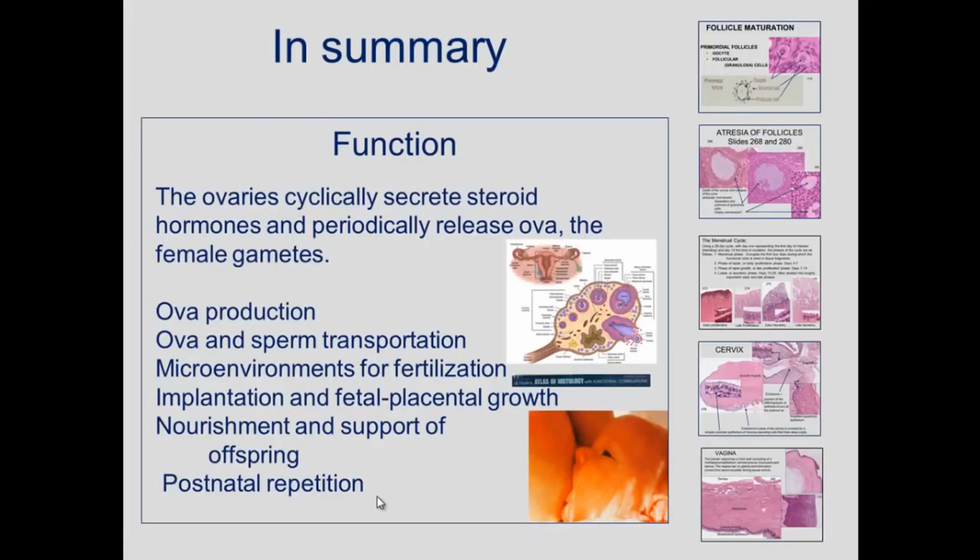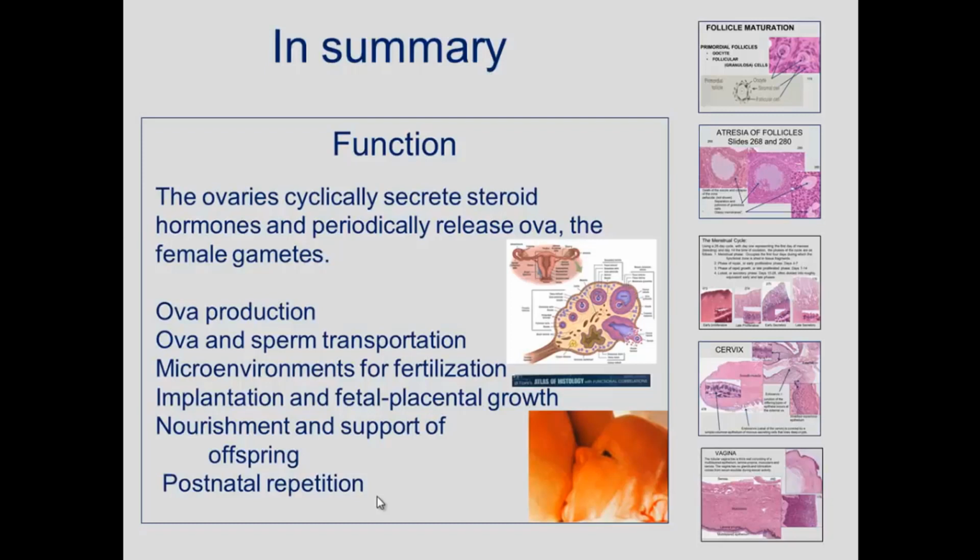So in summary, the function of the female reproductive tract is to produce gametes and also cycle in order to facilitate mating and also facilitate changes in the female reproductive tract.